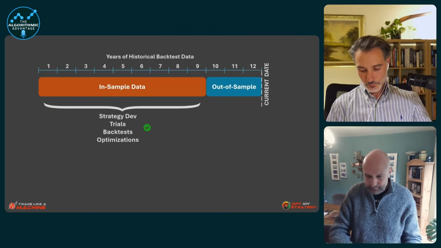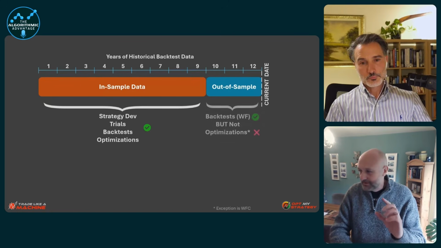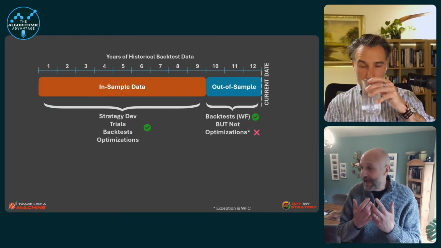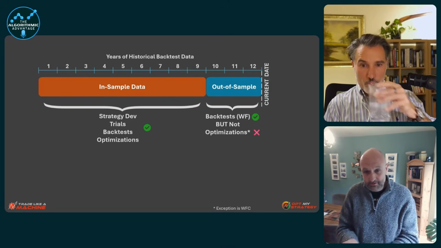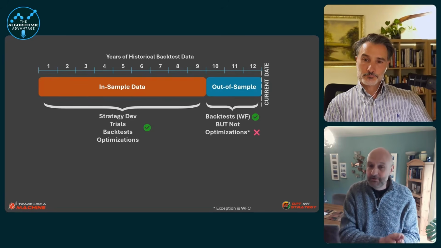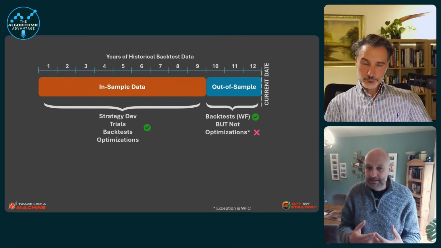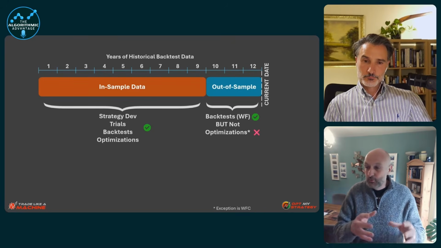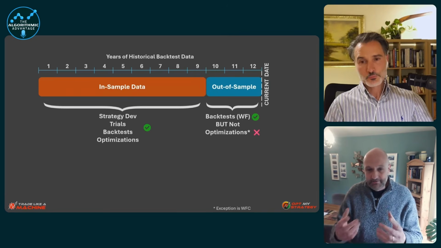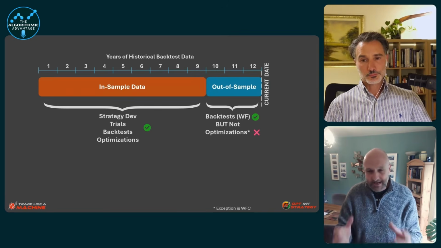So typically here, this is where traders would perform a walk forward backtest on data that had never been seen before by the strategy. So you're really testing out all the work that you've done in this in-sample stage around the trials, the development, the optimizations, and everything else.